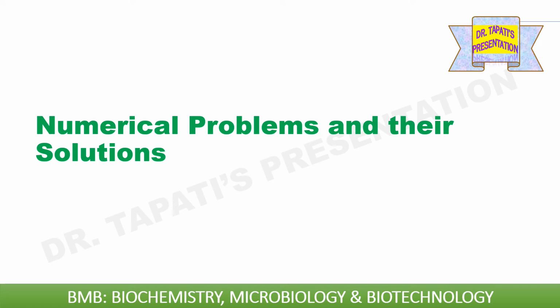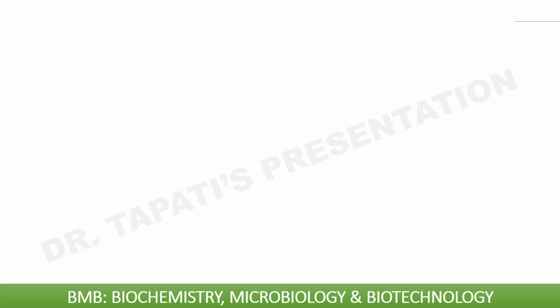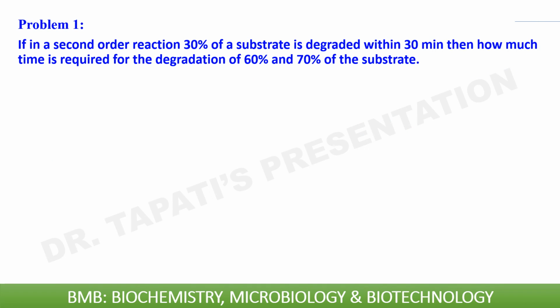Let's solve few problems. If in a second order reaction 30% of a substrate is degraded within 30 minutes, then how much time is required for the degradation of 60% and 70% of the substrate?